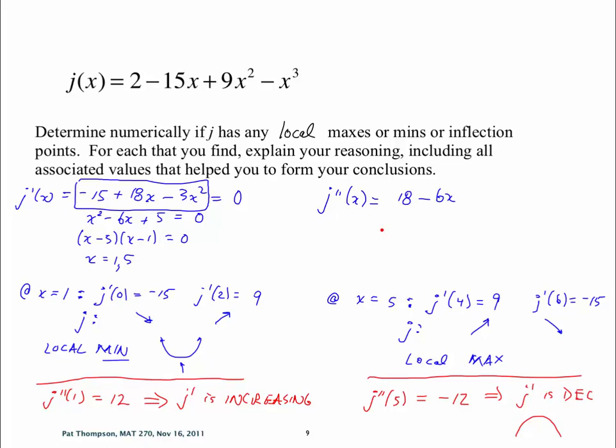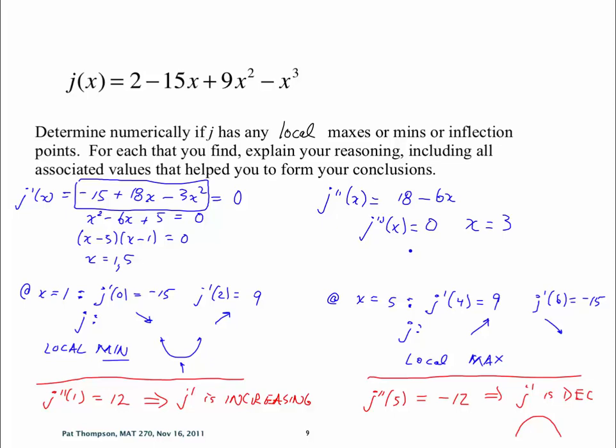Okay, then we have a place where the second derivative is 0. Where's the second derivative equal to 0? X equals 3. What does it mean?